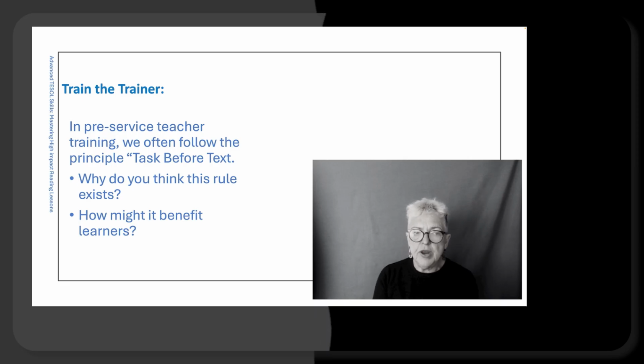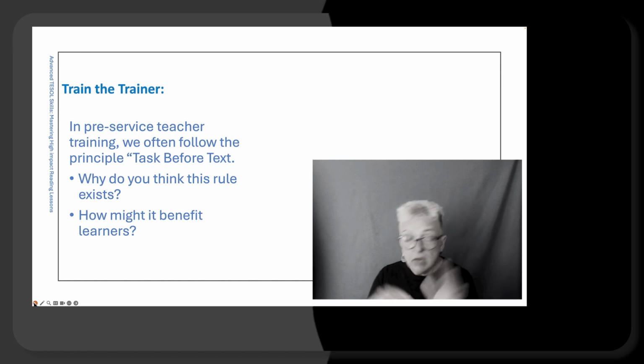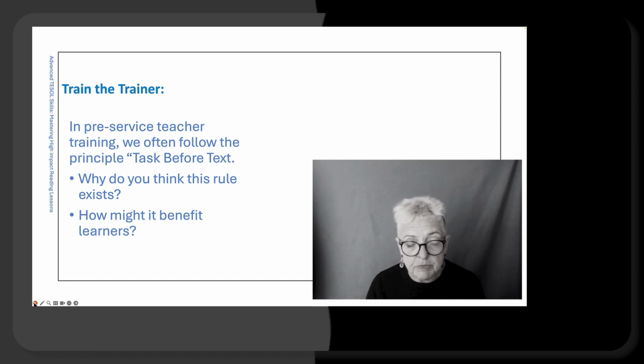In teacher training, we often follow the principle of task before text. And you'd be amazed at how many times we have to reinforce this rule. So, why do you think this rule exists and how might it benefit the learners? The answer is that very often teachers give students a reading, no context, just slap it down on the table.